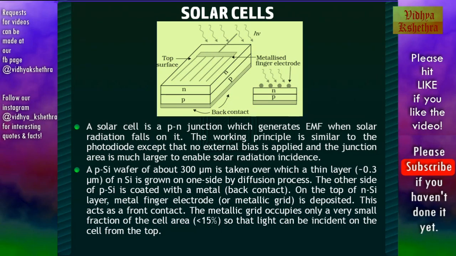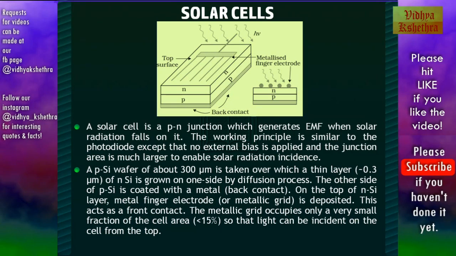A P silicon wafer of about 300 micrometer is taken, over which a thin layer, almost equal to 0.3 micrometer, of N silicon is grown on one side by the diffusion process. The other side of the P silicon is coated with a metal, that is the back contact.